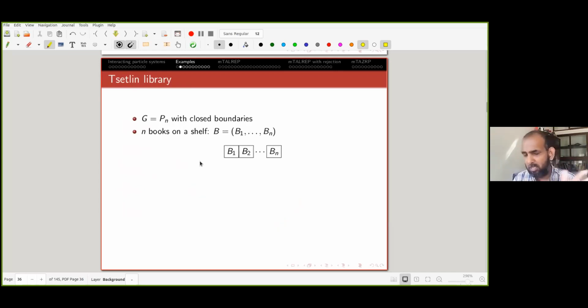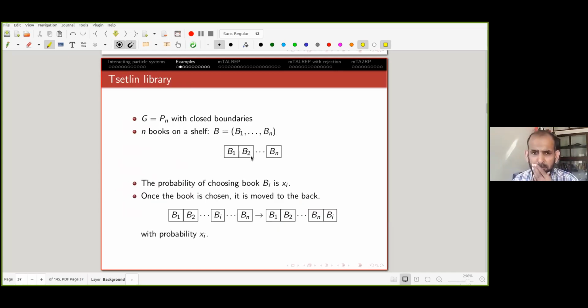It has closed boundaries, meaning nothing can enter or leave. And the probability of choosing book b_i is x_i. And once a book is chosen, you think it's a library, it's taken and moved to the right, and the other books are shifted. So from the permutation point of view, it's the action of a cycle.